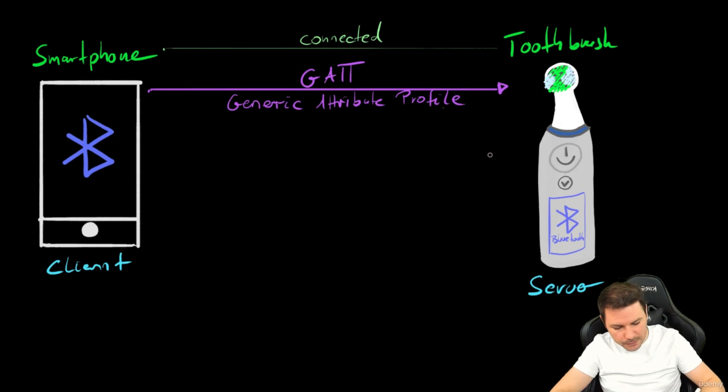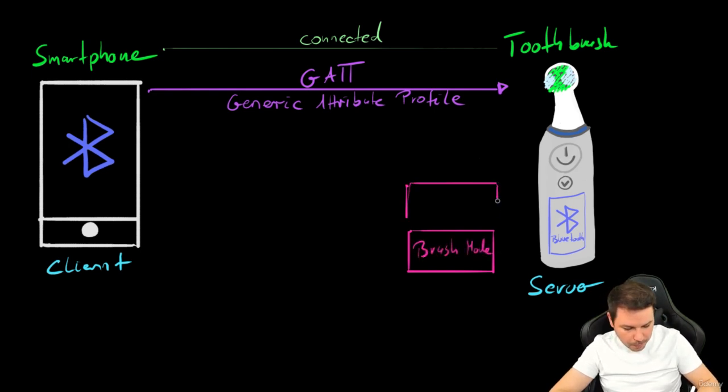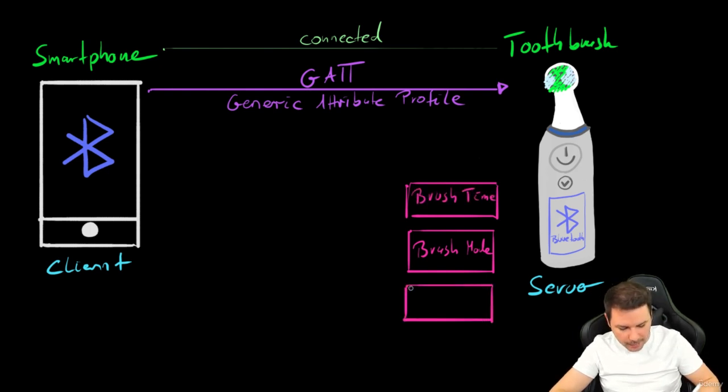So let's clean it first. Okay, so we are now having several characteristics. For example, one could be brush mode. One characteristic could be brushing time. And one characteristic could be also the brushing pressure. So brush pressure.